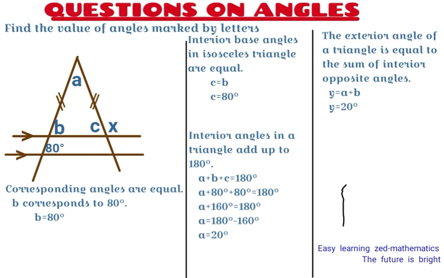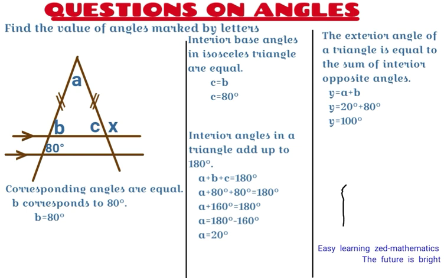So 20 degrees plus 80 degrees will give us 100 degrees. I remind you viewers, when I was preparing, I used Y instead of X, so Y stands for angle X. So the value of angle X there is equal to 100 degrees.